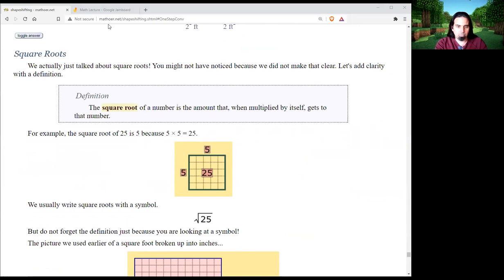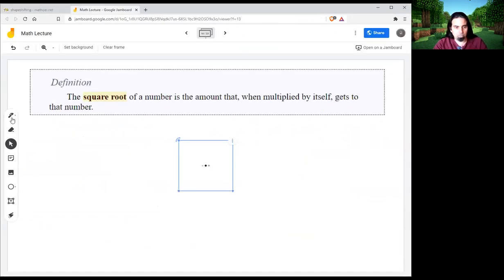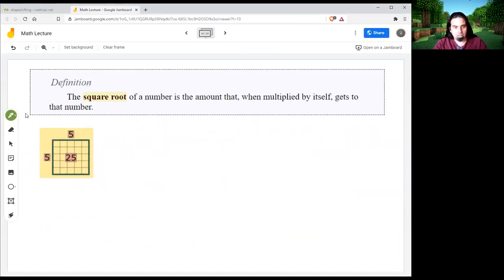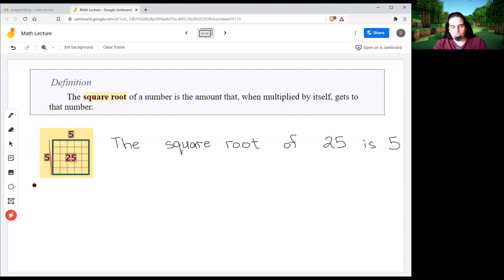I can take this paper picture and we'll write it out. The square root of 25 is 5. And all that's saying is if I drew a square with 25 little boxes, what would the side be? It would be 5.